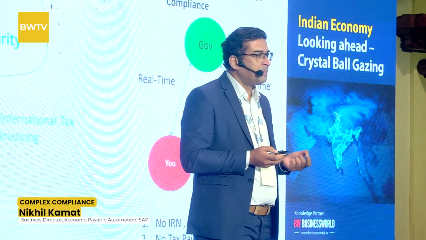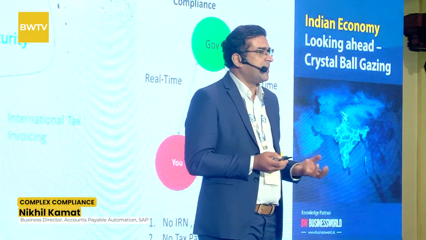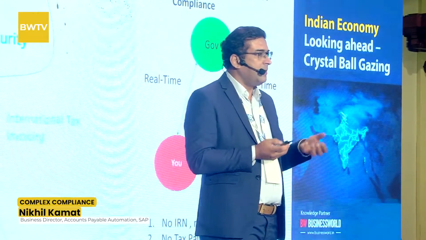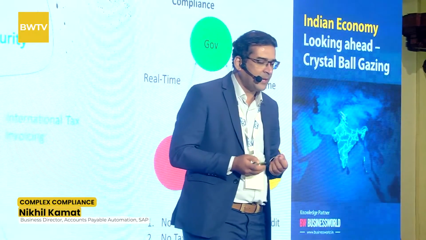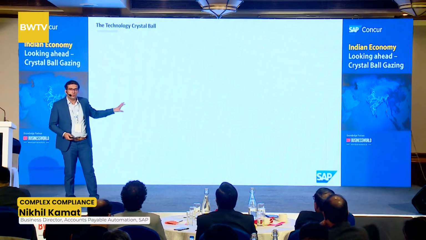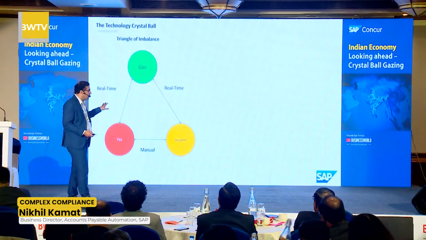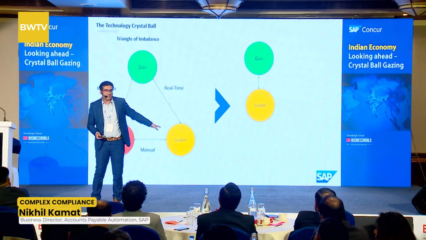Ashwani spoke about data, and of course the event name is Crystal Ball. So we have created certain crystal balls for you, which currently don't exist and which can help you have a seamless view of the entire thing. One of them is that we realign this triangle of imbalance, right? I have three stakeholders: the government, the supplier, and you.